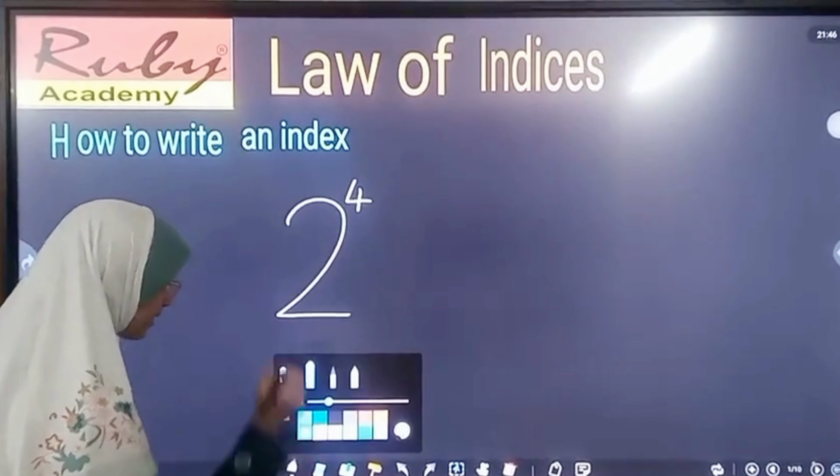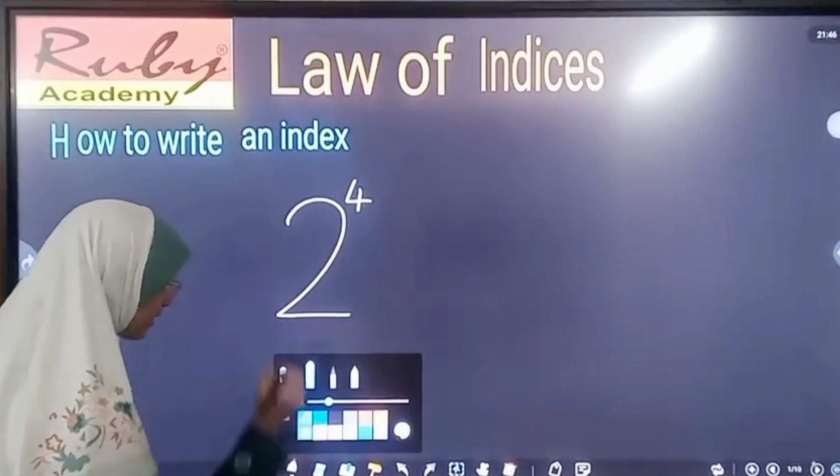Power has multiple names according to different books. It can be called power, exponent, and it can also be called index.